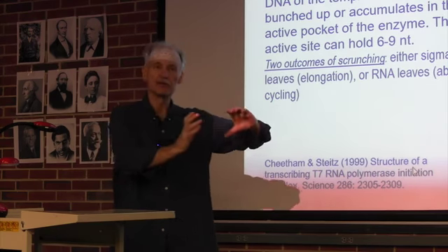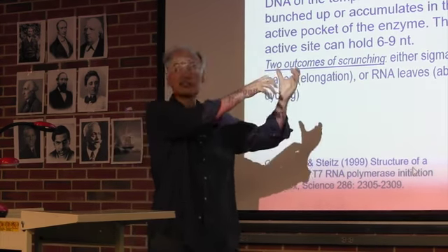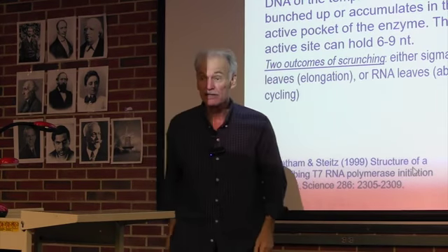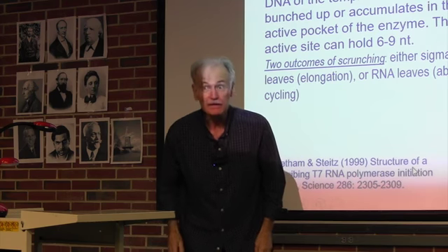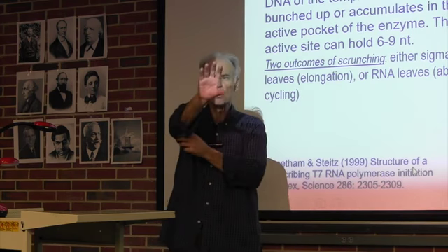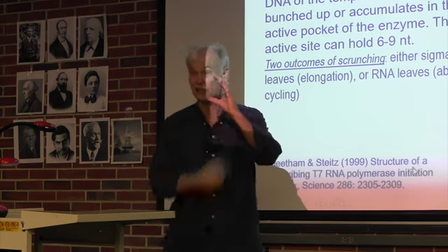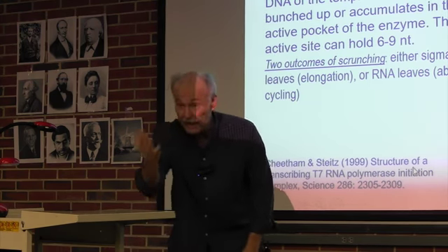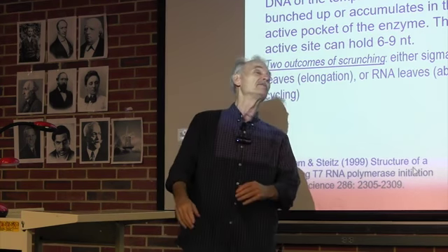The nascent transcript tries to leave the RNA exit pore, but it can't because sigma has its head stuck in there looking at it, like one of those moray eels with its head stuck in the exit pore, and that nascent transcript just keeps bumping it in the head, and eventually it'll push it out of the exit pore.